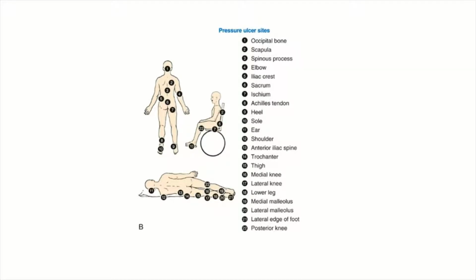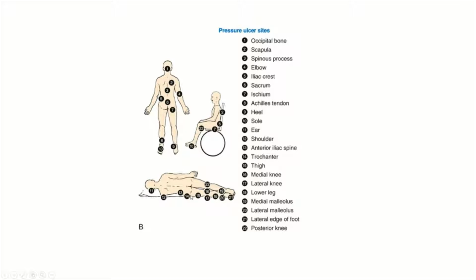So pressure ulcer sites, these are some common sites. You have the occipital bone, scapula, spinous process, the elbow, iliac crest, sacrum, ischium, Achilles tendon, the heel, the sole, and then we have the ear, side lying, possibly the shoulder.